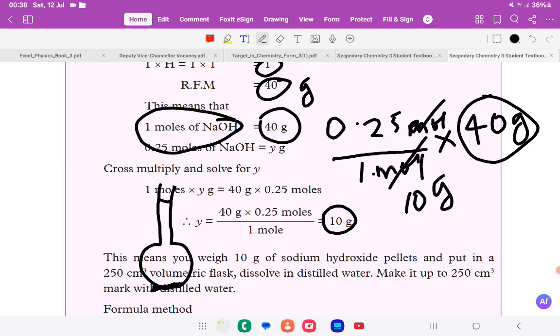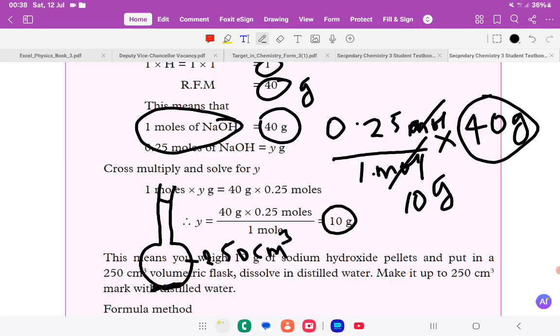All right. So by that time, you shall have made 250 cubic centimeters when it is fully filled up.